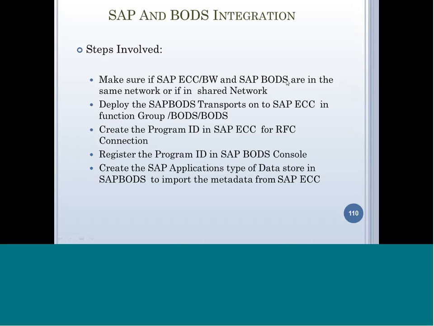Also, create the program ID in the SAP ECC system for the RFC connection, and register the program ID in the SAP BODS console. Then create the SAP applications type of datastore on SAP BODS to import the metadata from the SAP ECC system. So these are some standard steps you have to follow before proceeding with an extraction of SAP ECC data.